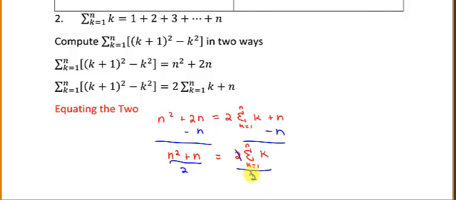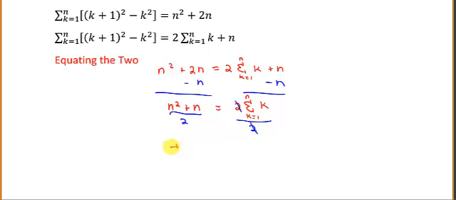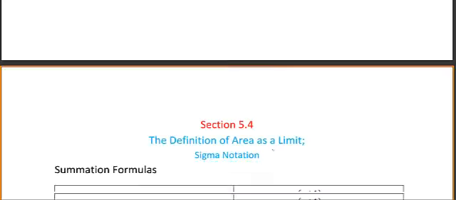The 2's will cancel on the right, and we'll be left with the sum as k goes from 1 to n of k is equal to, usually people factor this, so this is written as n times n plus 1, all divided by 2. So I have that formula.